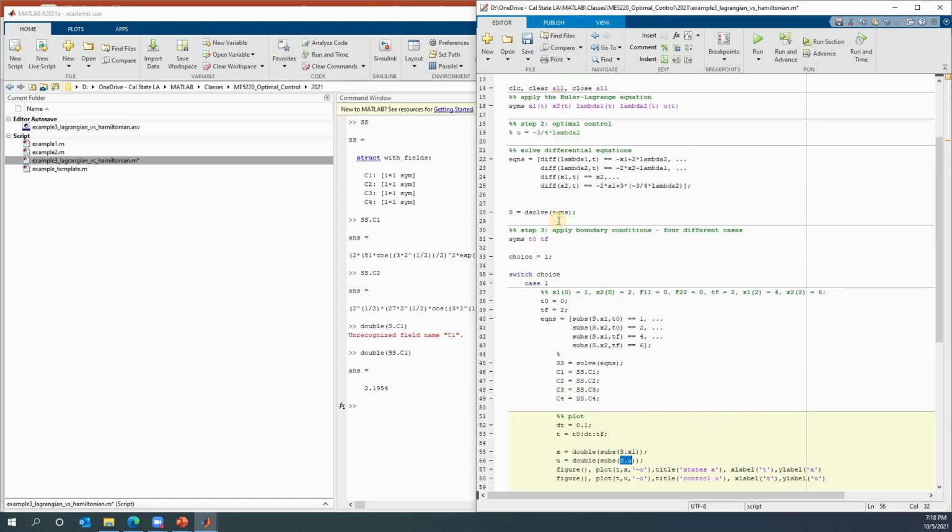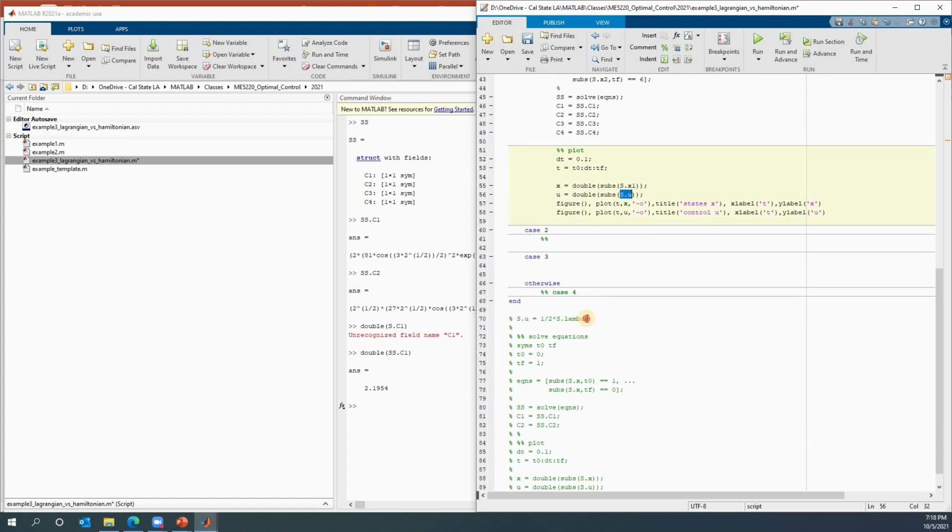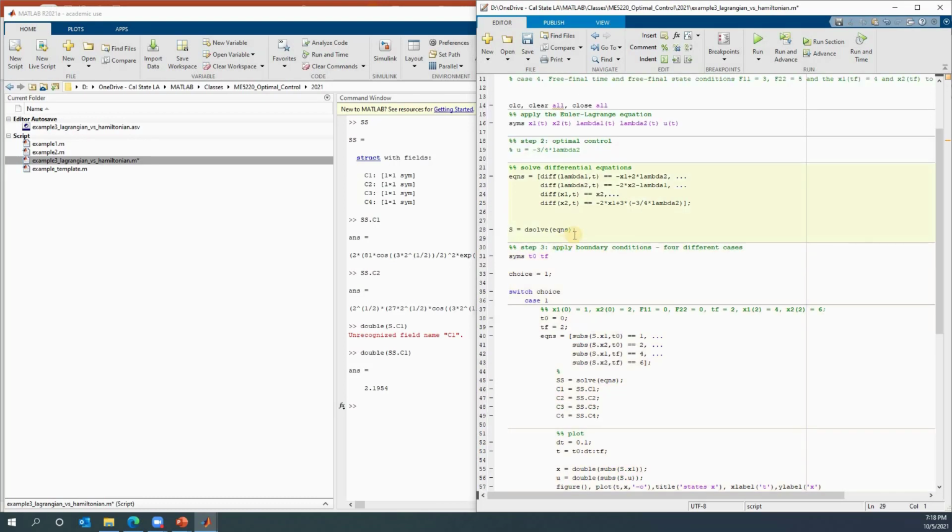So we didn't put a u there. So we can define s dot u is equal to this, right? It's related to lambda 2. We need to use the s dot lambda 2 because lambda 2 is put in this structure of s.